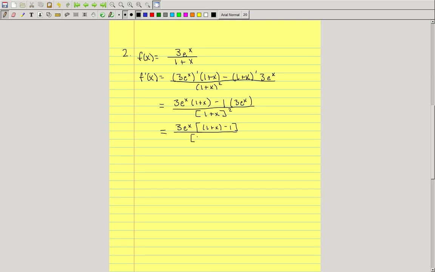And then in the denominator, of course, we have 1 plus x quantity squared. So 1 minus 1 is 0, and we have x left over in the numerator, so that simplifies to be just 3x e to the x divided by 1 plus x quantity squared.